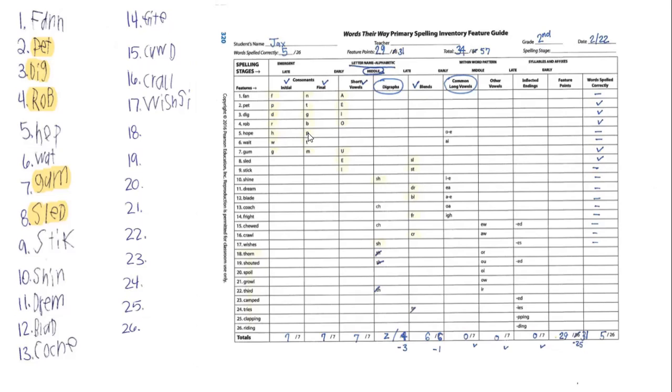He got the final consonant. What he did not get was that common long vowel pattern of the O and the E. And so we do not give him credit for this. He did not get any points for that, for the OE, but the points we do give points for the initial and final consonants that he got correct in that word.